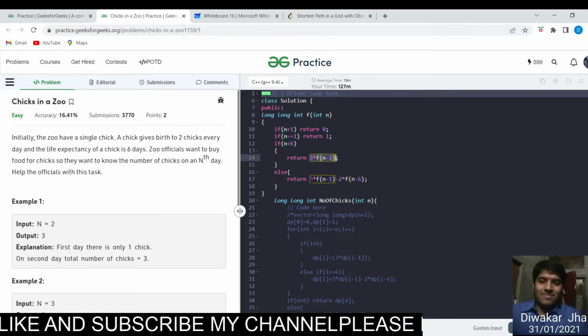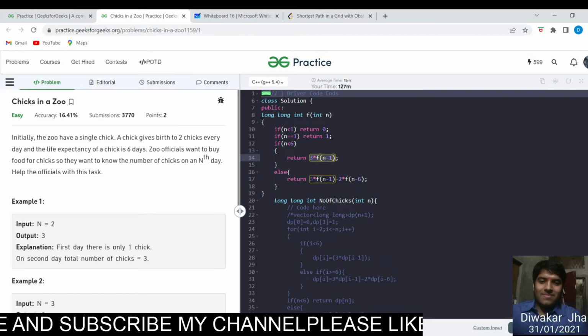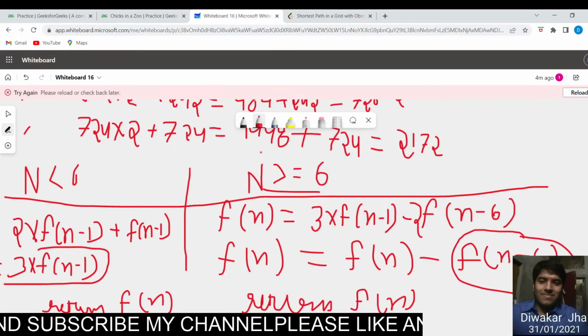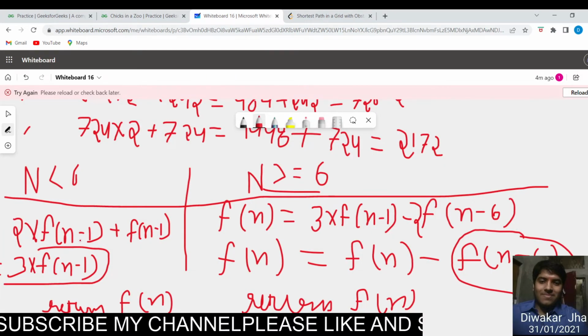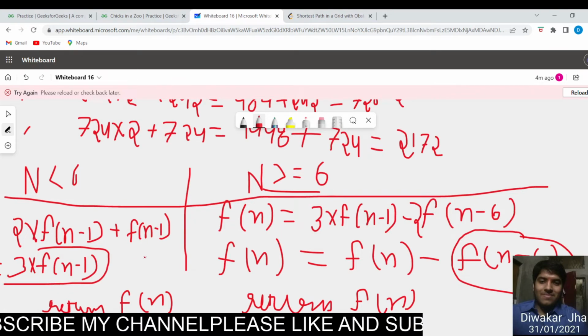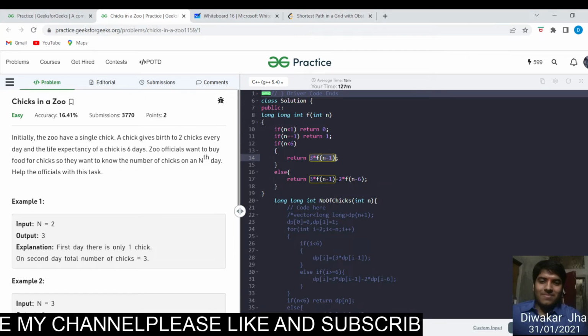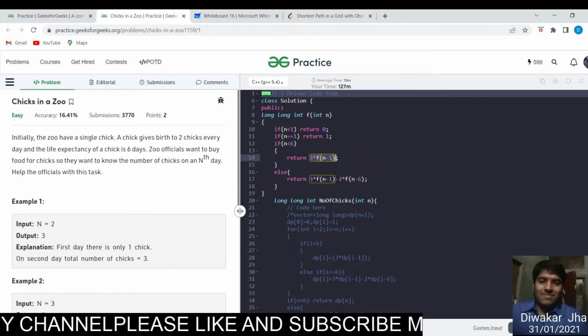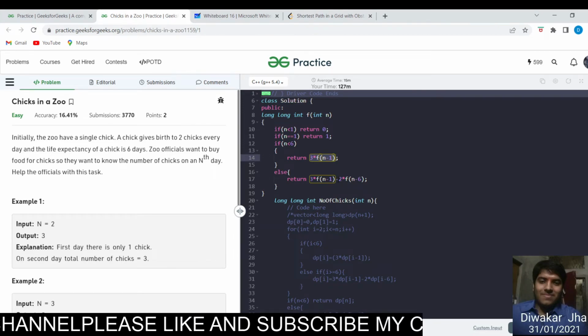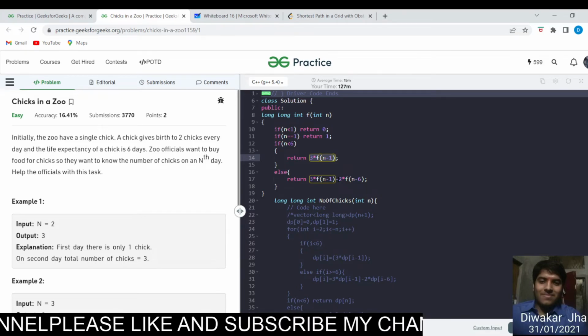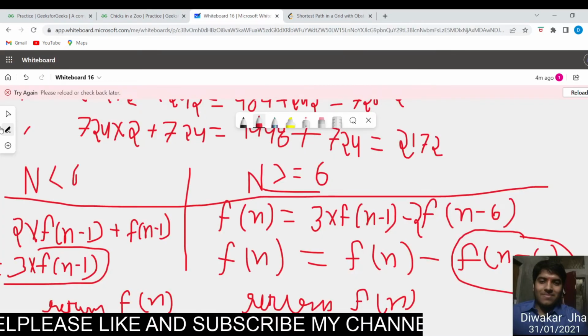So what we are doing is multiplying by 3 into f(n minus 1), the total number of chicks on this day, and subtracting the chicks who have spent the 6th day, multiplied by 2.